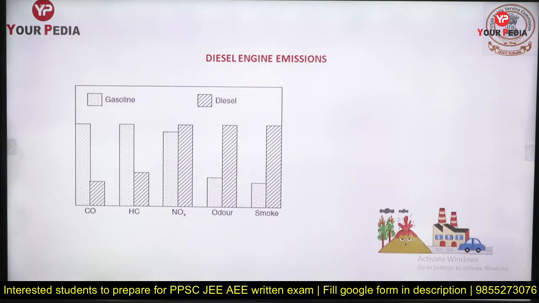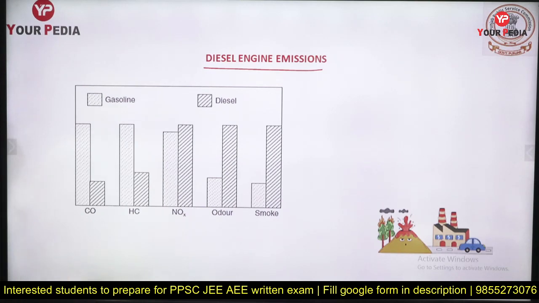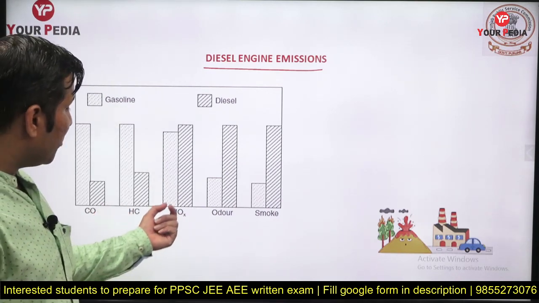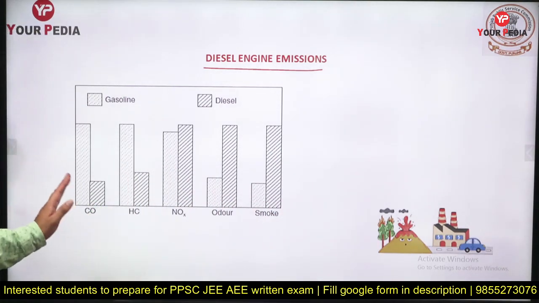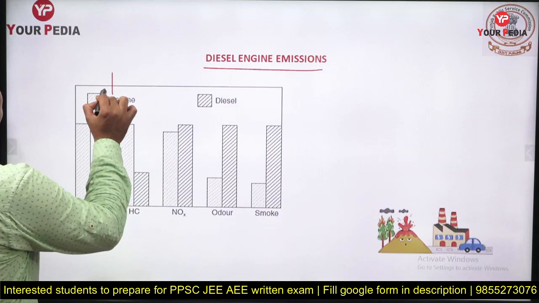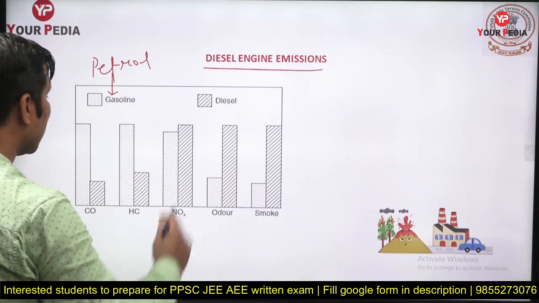Now guys, this chart is very important because this is showing us the difference in emission in petrol and diesel engine. Although the carbon monoxide emission, hydrocarbon emission, NOx, odor or smoke, all these kind of emissions we are going to observe in petrol engine, gasoline means petrol, and diesel engine also, but their percentages are different.